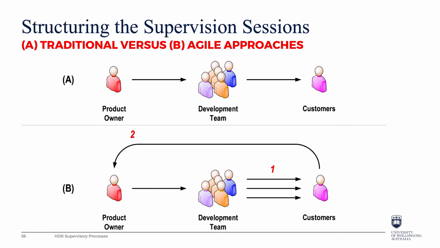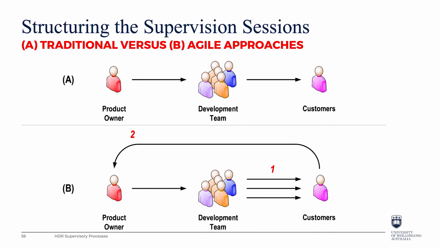So if we're looking at, for the time being, traditional agile approaches to software development or product and service development, then we have a product owner, a development team, and customers under a traditional approach. But what we're doing is delivering not a single final product, but actually bits of a final product.